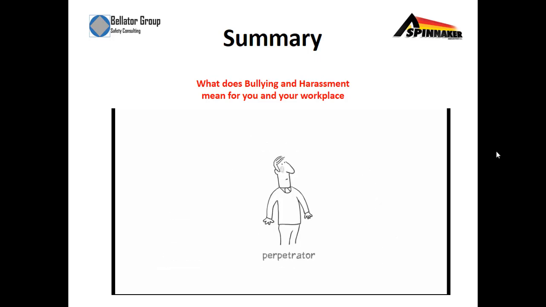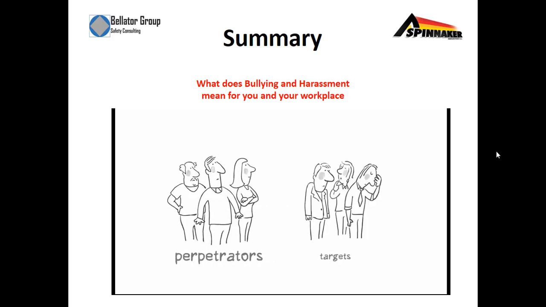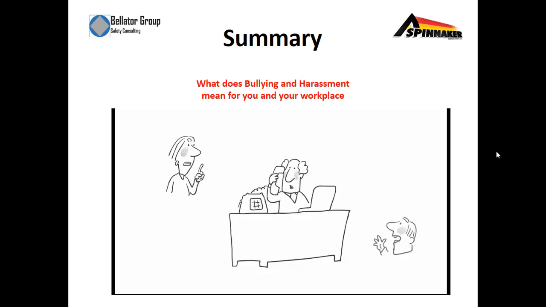There might be a single perpetrator or a group. There may be just one target or many. Bullying and harassment can occur between co-workers or between the employer and a worker. Or it can come from external sources, such as members of the public, clients and customers, or workers from other organizations.